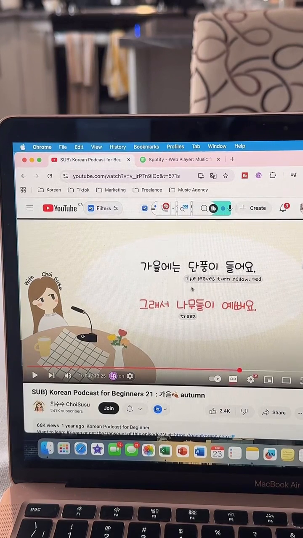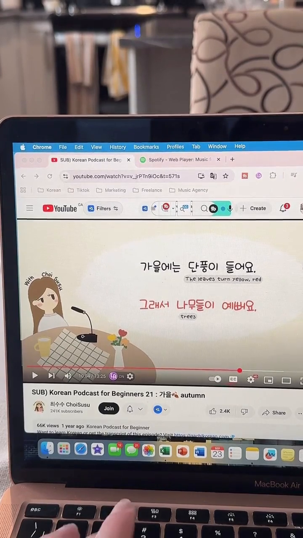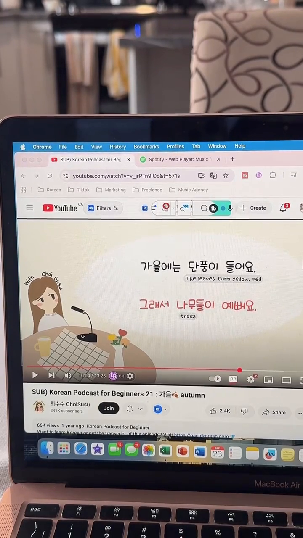So we have 나무, which is tree. 나무, tree. 들이, so I think in this case it's just like leaves, right? Together it might just be... let me just go on Papago, but I'm pretty sure that... no, I think no. I'm very dumb.